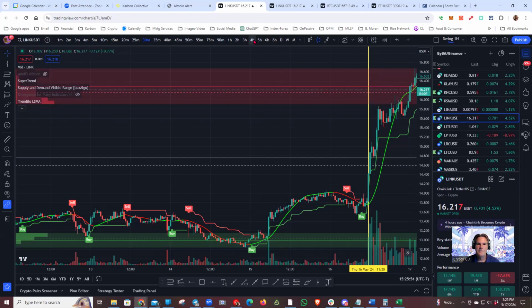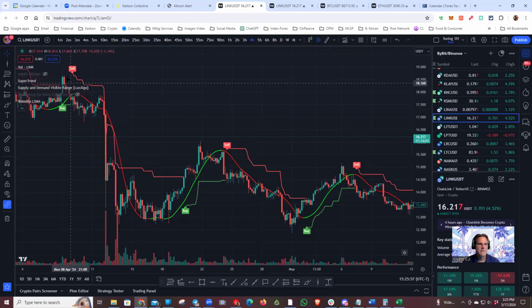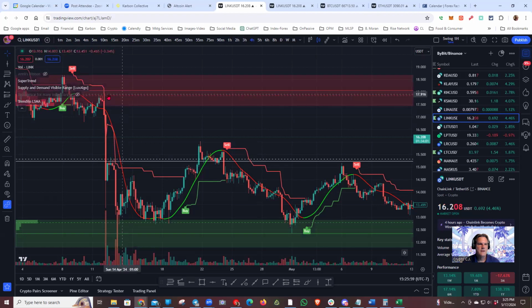Then you look at the 4 hour chart for your exit and clear resistance here at about 1750 and 1850. So that would be a longer swing trade, probably few days, few weeks. So that's how I would approach that one on Link.